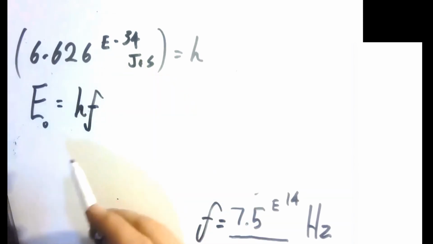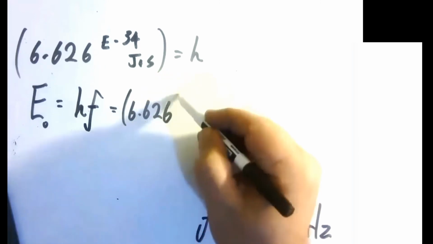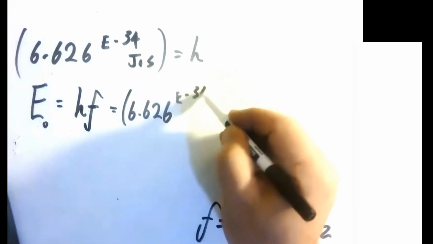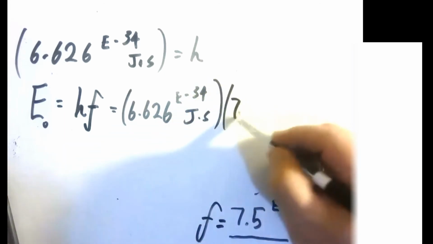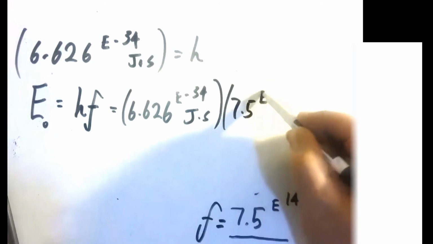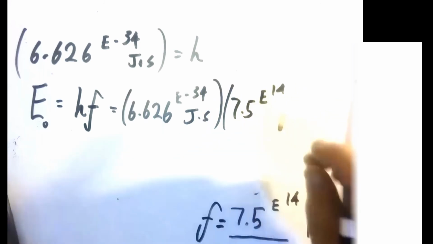The energy of a photon, the energy of a light wave, is equal to Planck's constant, 6.626 times 10 to the negative 34 joule seconds, multiplied by the frequency, which in this case is 7.5 e to the 14th hertz.